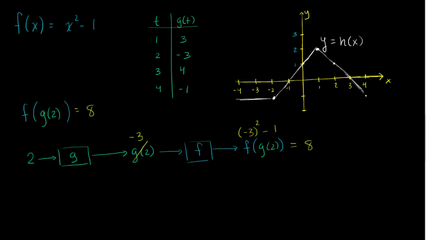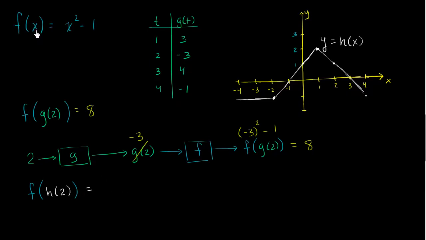Now, using that same exact logic, what would f of h of 2 be? And once again, I encourage you to pause the video and think about it on your own. Well, instead of doing it using this little diagram, everywhere you see the input is x.